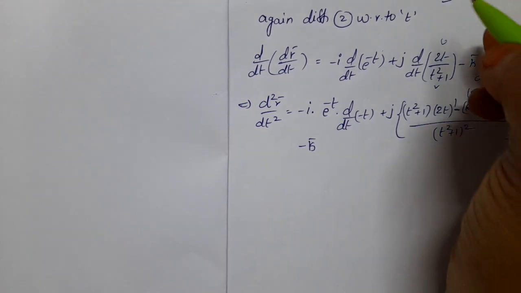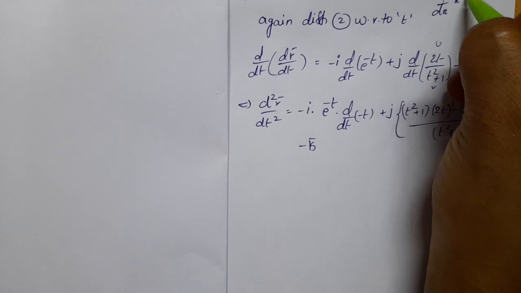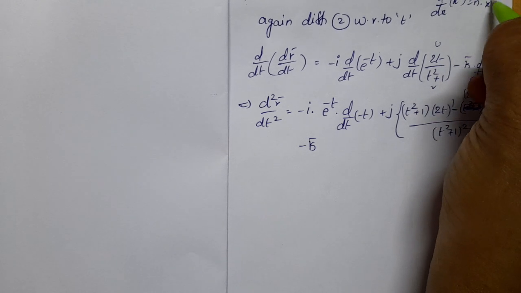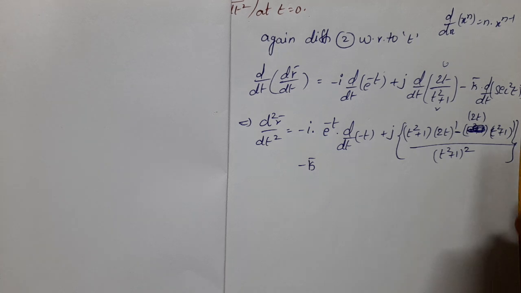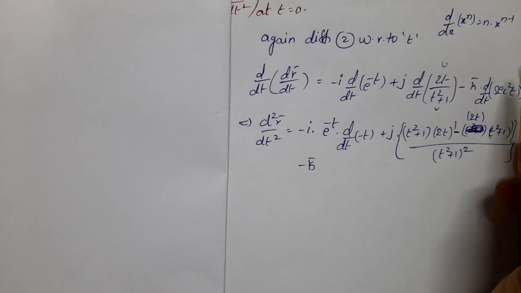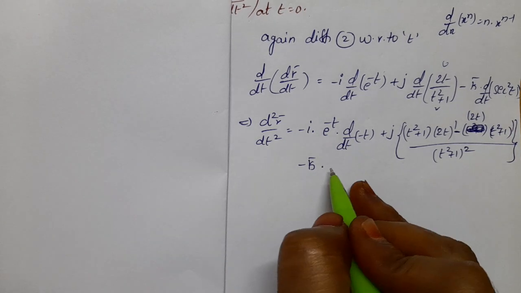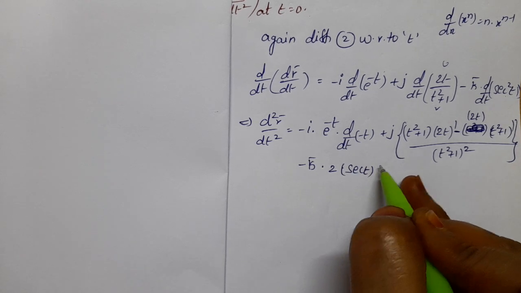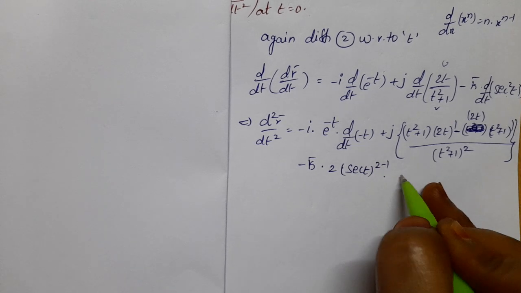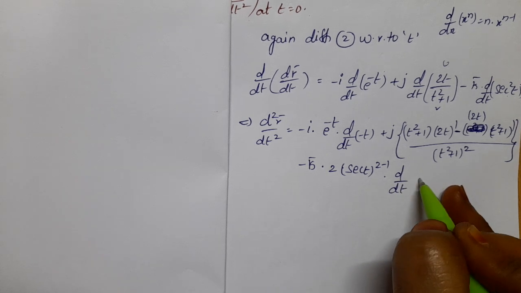So the derivative of x power n equals n into x power n minus 1. Here we are applying this formula. So n into secant t whole power 2 minus 1 into the derivative of secant t.